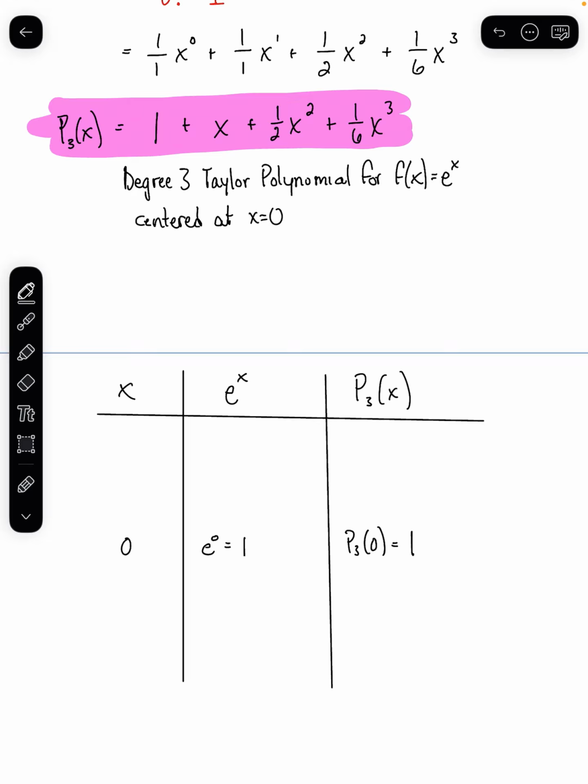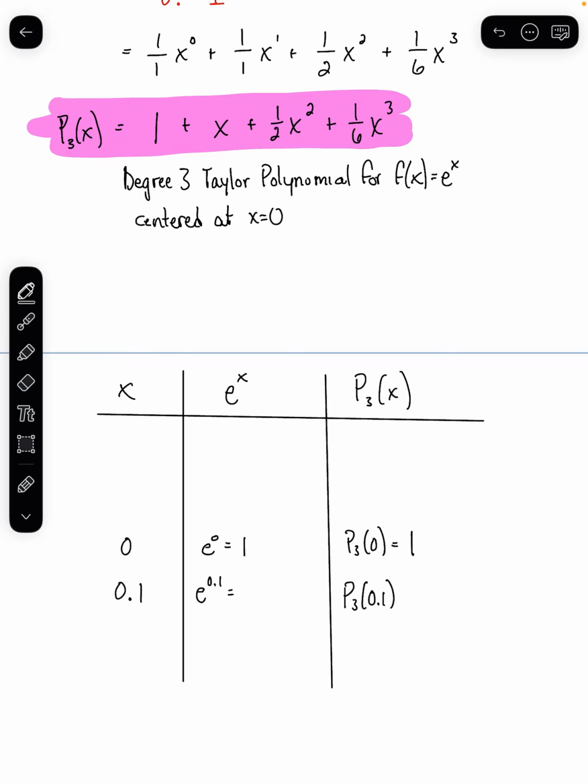The question is, though, what happens if we start to vary a little bit? What happens if we go out to, say, 0.1? Now, we would need to pull out a calculator to do e to the 0.1, because honestly, we have no way of doing e to the 0.1 without a calculator. Interestingly enough, you might say, well, wouldn't I need a calculator to do p sub 3 of 0.1?